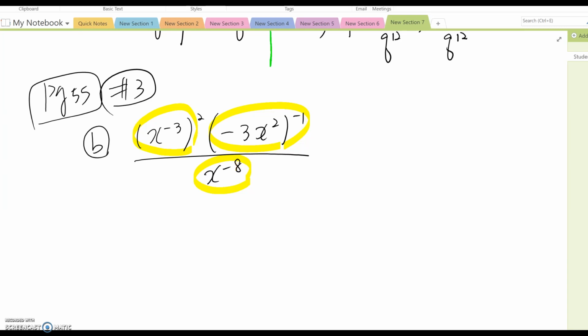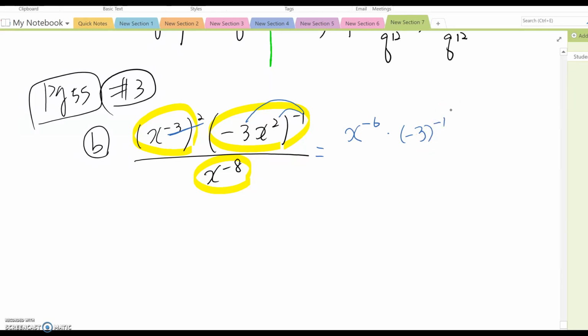Then this is going to be x^-6 because we multiply them. And in this case you must distribute like that. But one thing, be careful, you are not multiplying this to the sign though. It becomes negative 3 to the negative 1 power, not the positive 3.